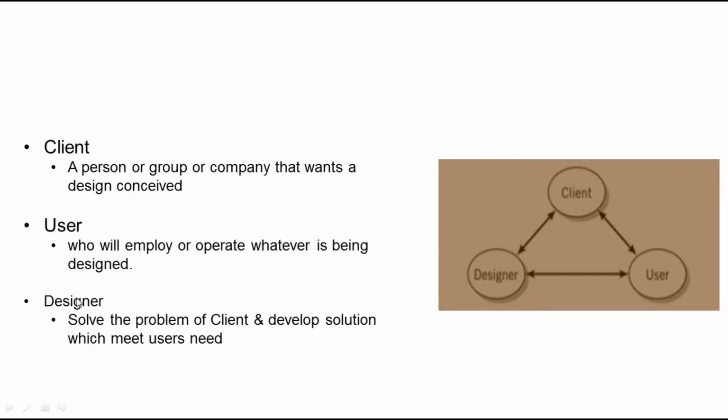Then the designer is mainly the company Etuva, which is designing the ETLab software. So in every design we can find these three categories. That is the triangular relation involved in design. So the designer has to meet the requirement of the client and has to satisfy the need of users.